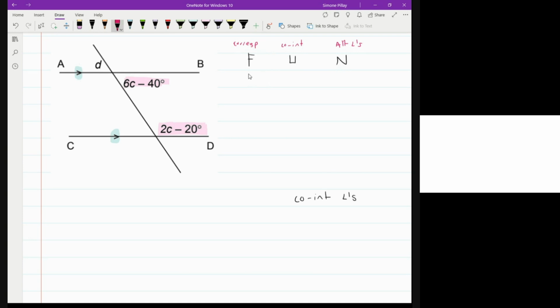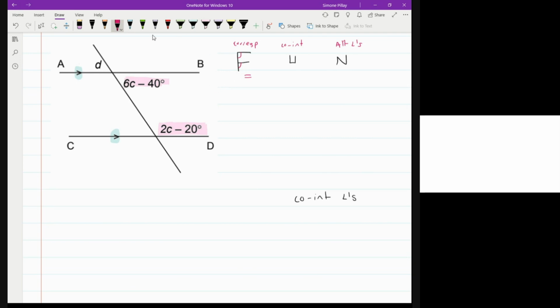That, ma'am, the bottom line of the first F is equal to the bottom line in the other F, and the top corner of the F is equal to the inside.